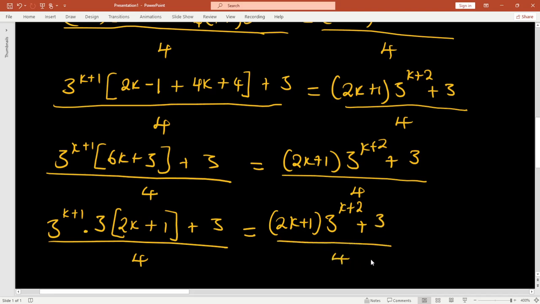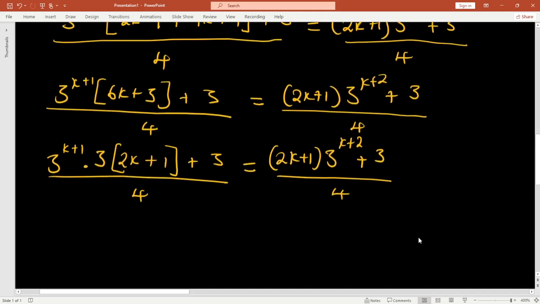divided by 4 here. Okay, now here you notice that this 3 and the base 3 that we have this side are the same. Then this 3 here is being raised to the power 1. Now you know that if you have a^m multiplied by a^n, this is just the same as a^(m+n).